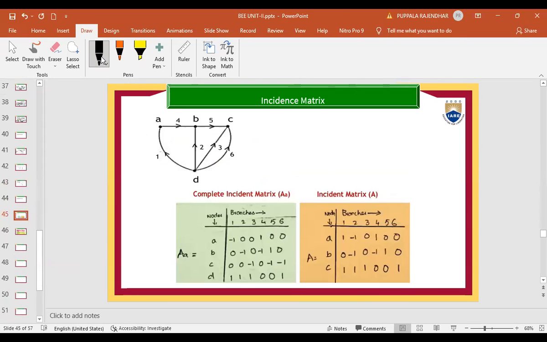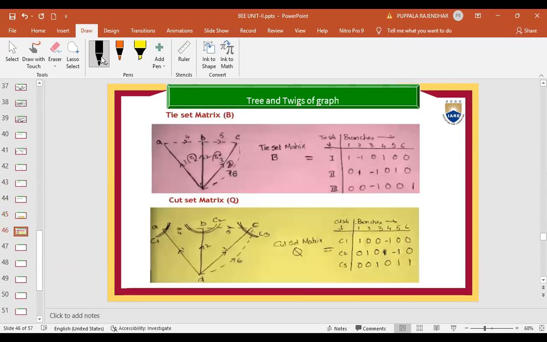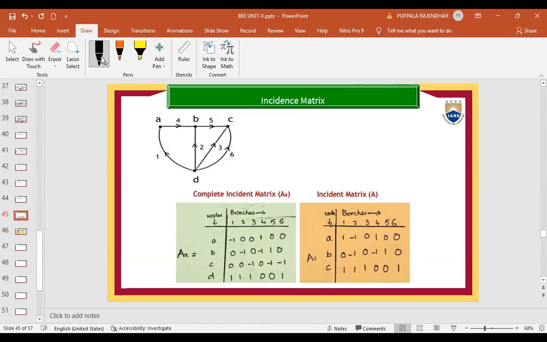Now we will discuss this. This is a complete incidence matrix. All the nodes we are taking.